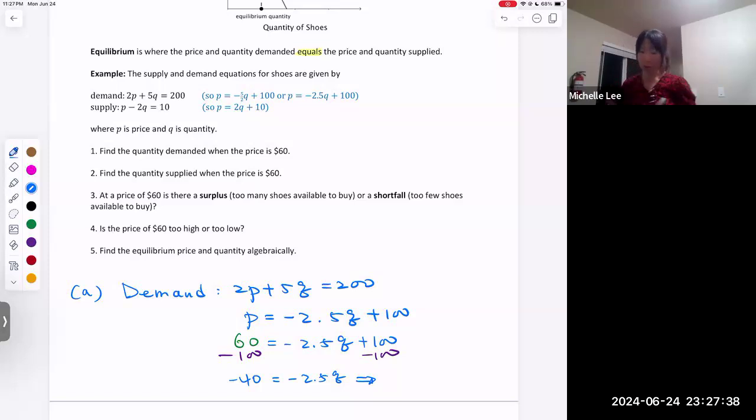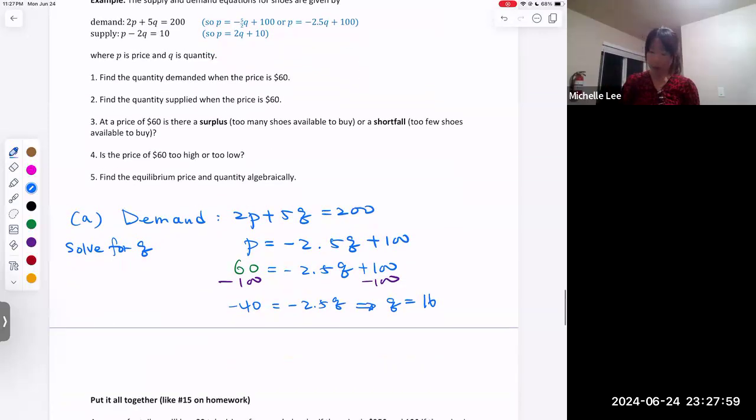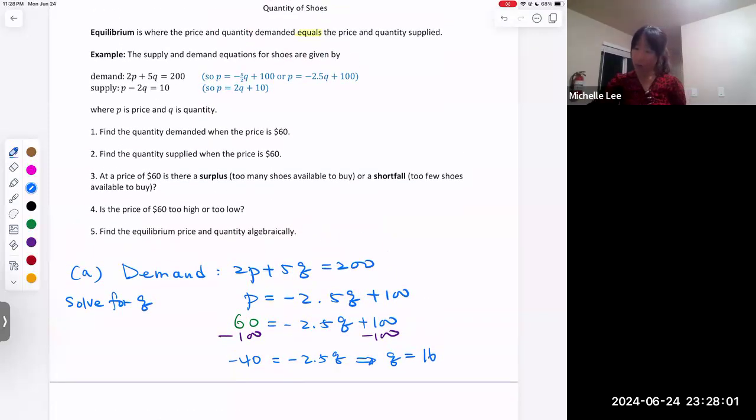So what's the Q? So quantity will be 40 divided by 2.5. So we get 16.